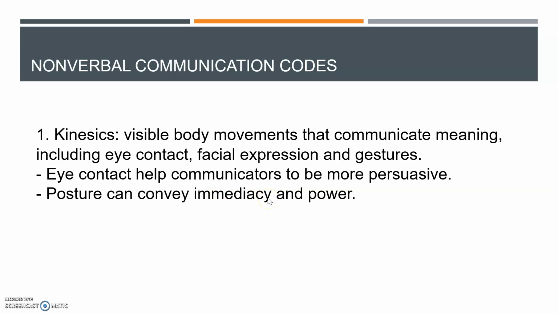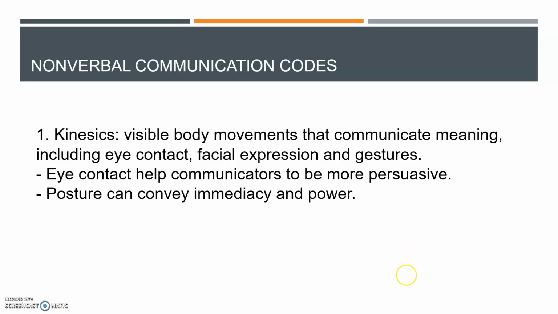Immediacy refers to whether you are interested in this conversation, in this issue. And the other one is power. Who is in charge here? Who is playing a dominant role here? And who is more like a subordinate or plays a more submissive role?